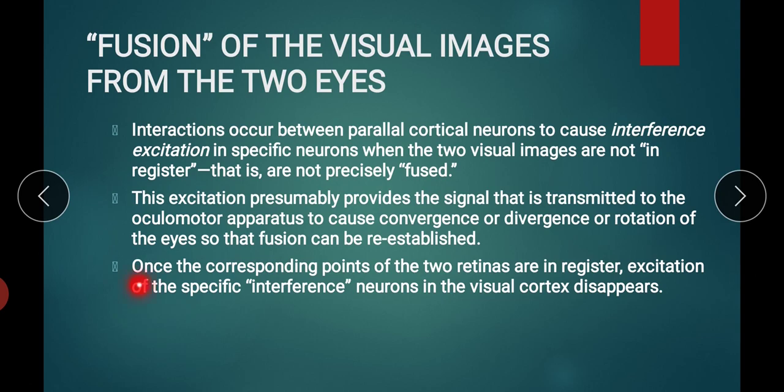Once the corresponding points of the two retinas are in register, the excitation of the specific interference neuron in the visual cortex disappears.